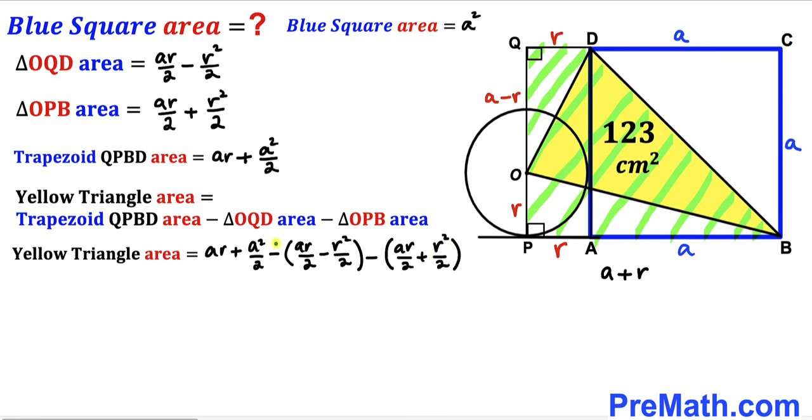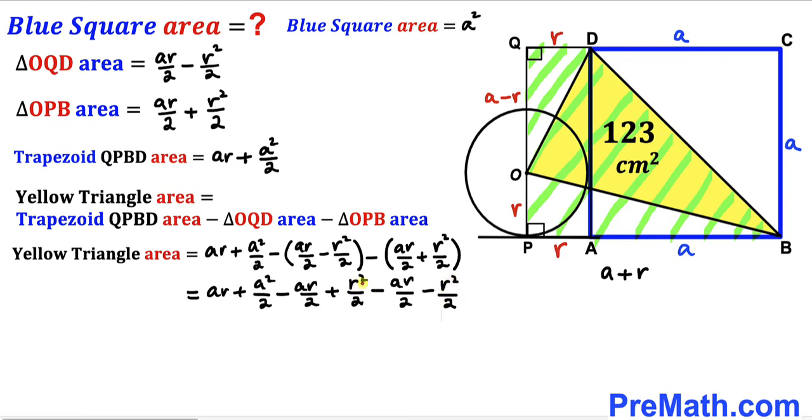And now in this next step, I am going to distribute these negative signs. So therefore we are going to have AR plus a square divided by 2 minus AR divided by 2 plus r square divided by 2 minus AR divided by 2 and finally minus r square divided by 2.